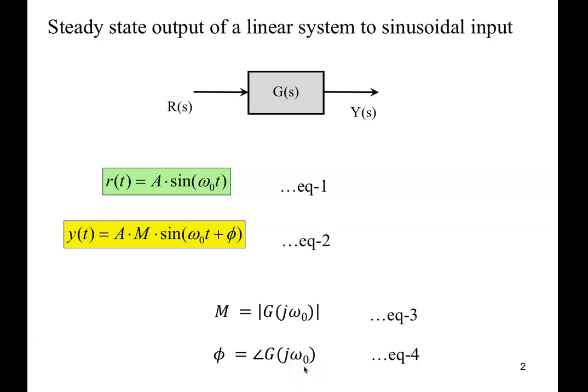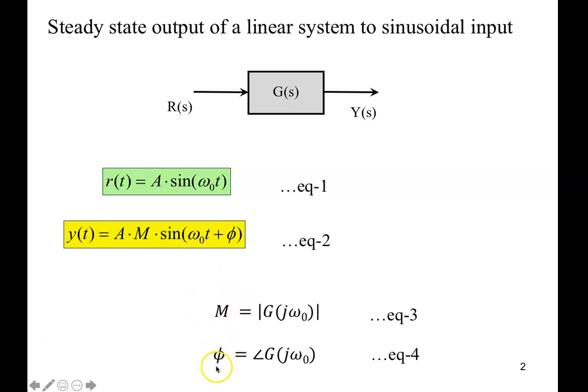Now, take a note of that. If the input sine wave has a different frequency, then you have to find different m and different phi values. So for every frequency, you will get a set of two values, a magnitude and phase angle.